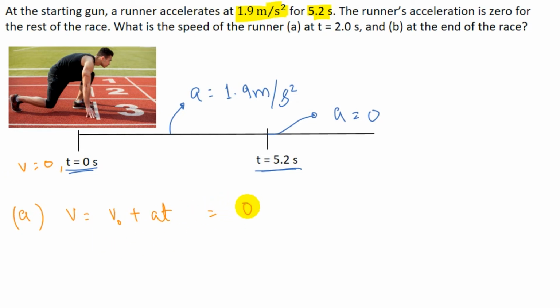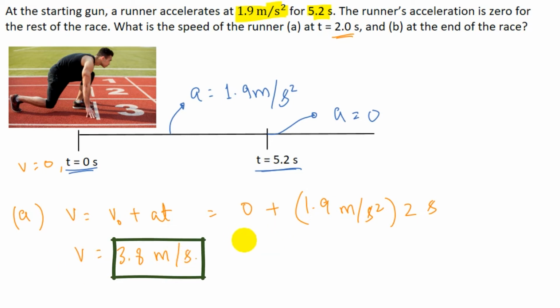So this is 0 plus 1.9 meter per second squared multiplied by t, and t is 2 seconds for the A part. From here we get the velocity to be 3.8 meter per second. So this would be the answer for the A part.